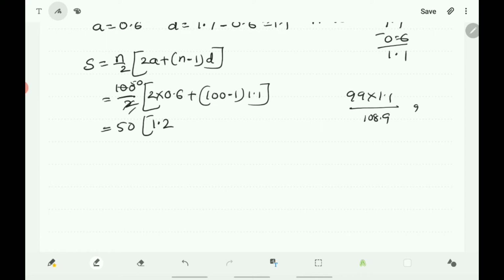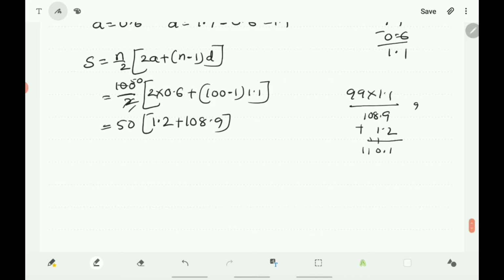That is 108.9. So if you add 1.2, it becomes 110.1. That is 50 into 110.1.